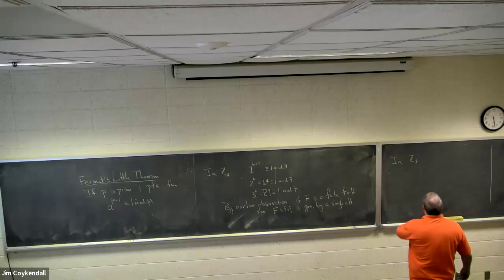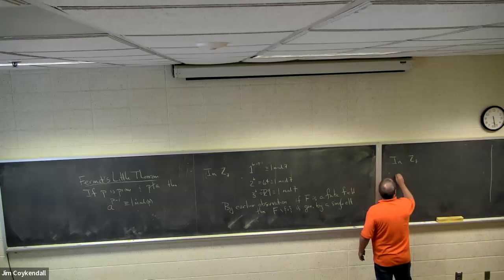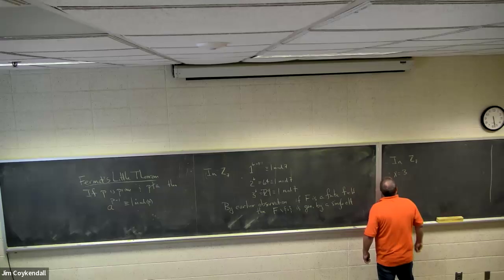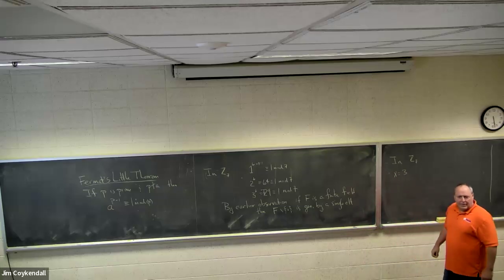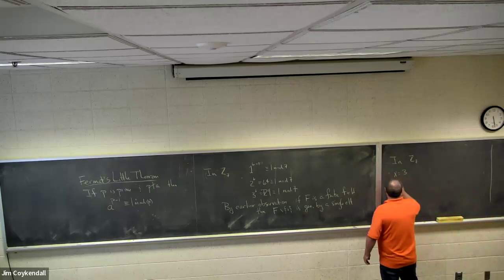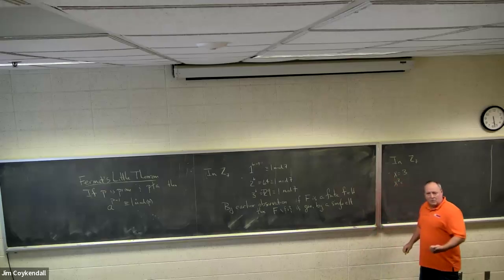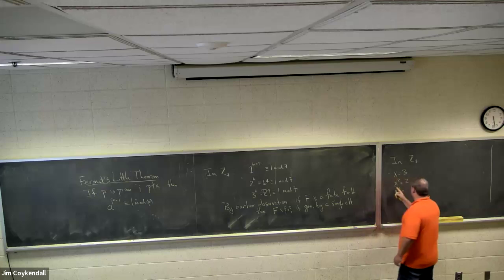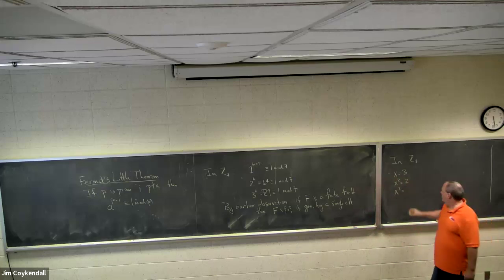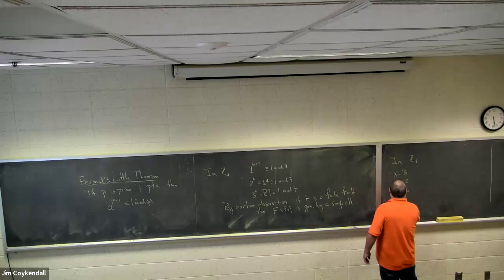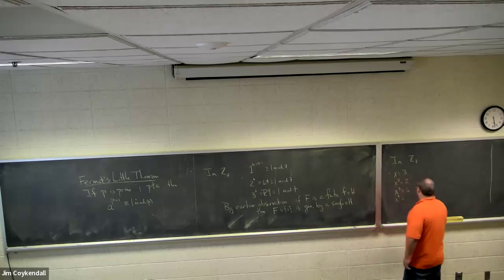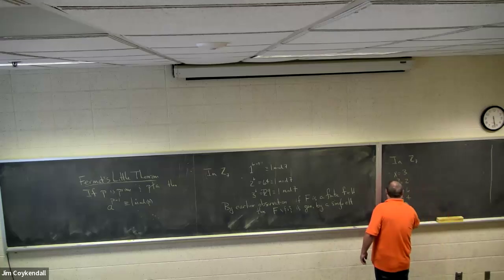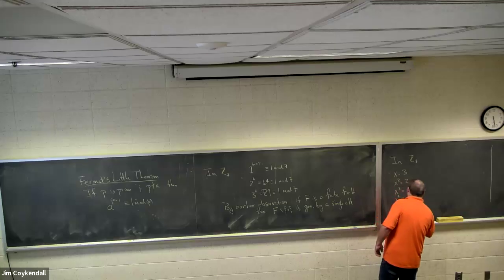So if you take x to be 3, x squared is 9, which is 2. x cubed, taking advantage of this little identity here, is 6. x to the 4th is minus 3, which is 4. x to the 5th is 5, and x to the 6th is 1.